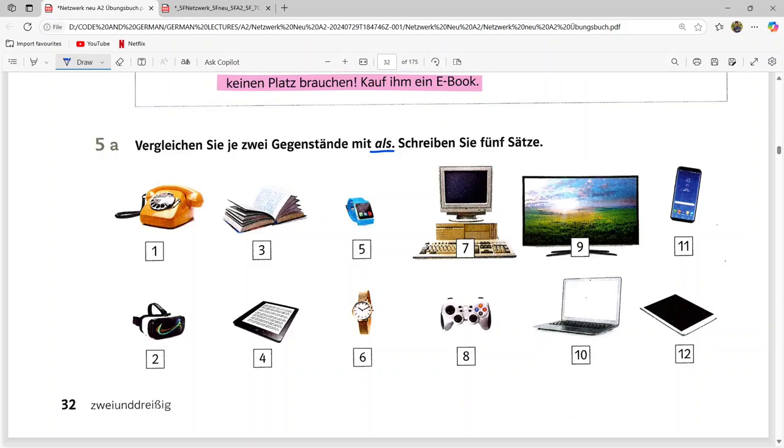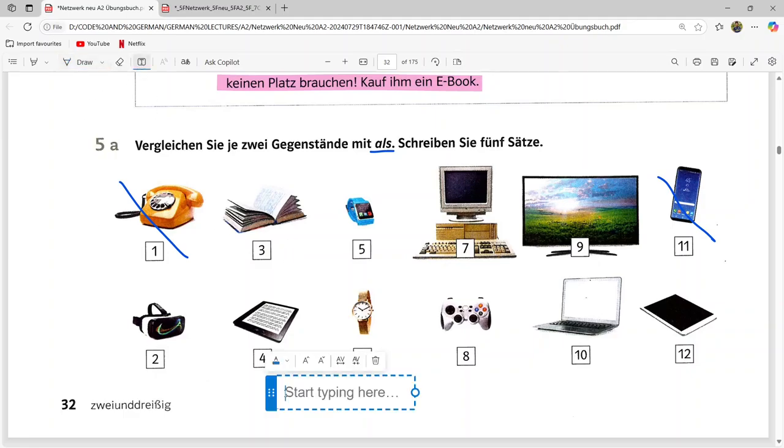So first one, telephone. Telephone we can compare with which one? Telephone we can compare with the smartphone. Okay, so let us write the sentence. What can be the sentence? Das Telefon. Okay, and now we have to write the adjective using what? Using the comparative form.